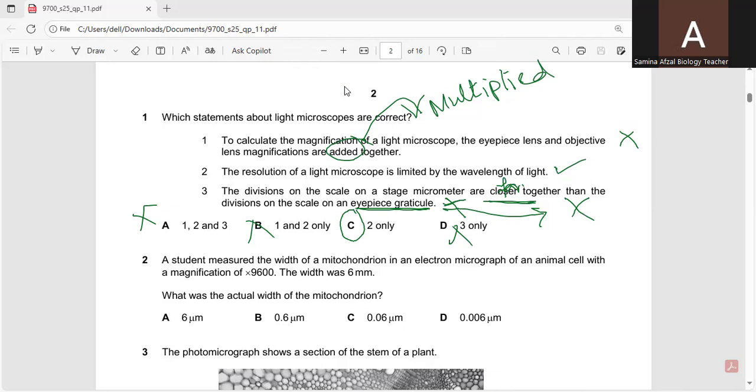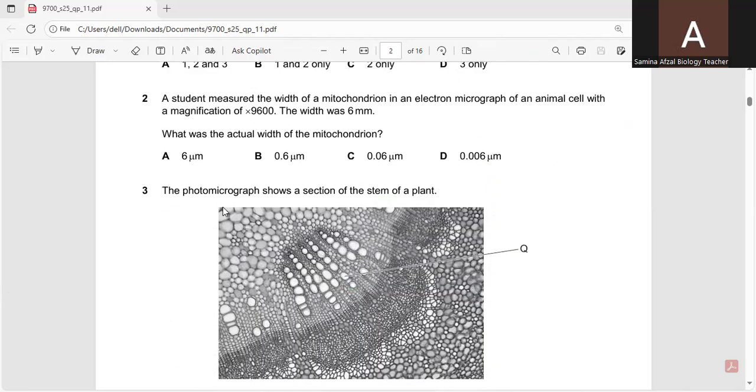Now we will move towards question number 2. Question number 2 is, a student measured the width of a mitochondrion in an electron micrograph of an animal cell with a magnification of 9600. The width was 6 millimeter.